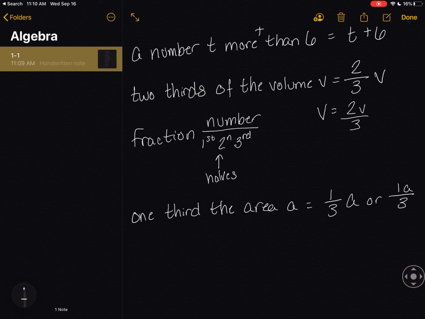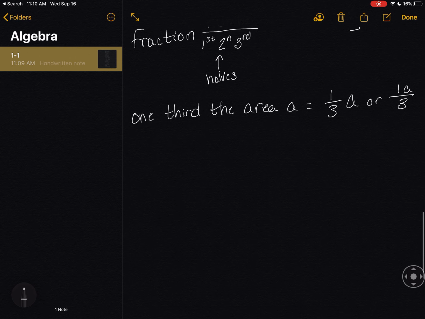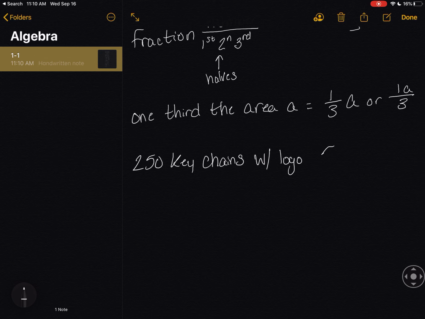All right, finally, you're always going to end up with some kind of word problem. So for an example of a word problem, if there are 250 keychains, and they all have an athletic logo, and then there are 500 pencils with a name on them.